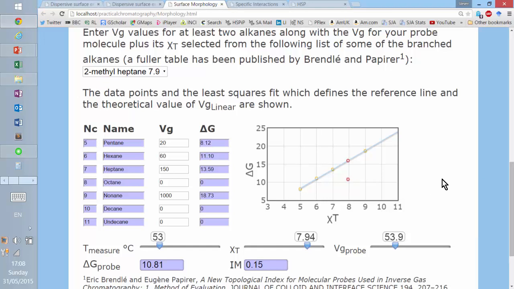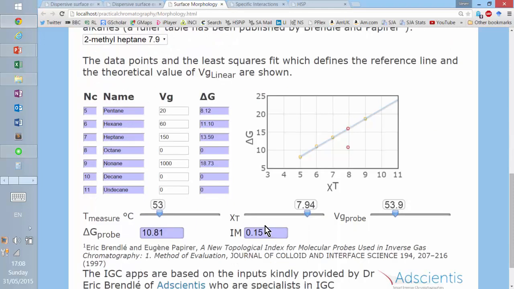And there's a morphological index, IM, which is 0.15, which is saying that this surface is so rough that even a small amount of branching from 2-methylheptane is enough to cause it problems. If the VG of the probe took us closer to there, then you're saying actually it's not too rough.